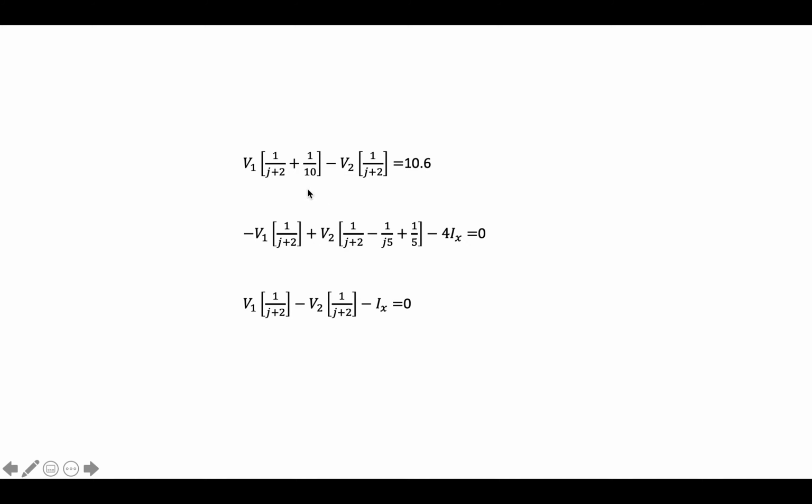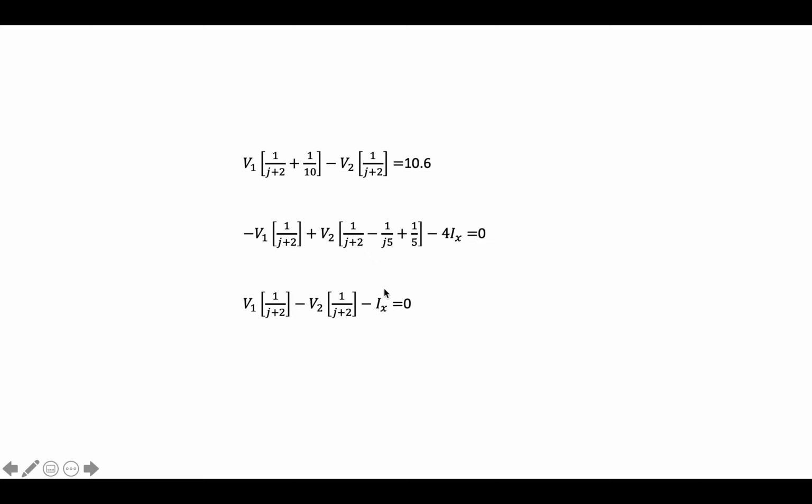What we're going to construct first, according to Cramer's rule, is the coefficient matrix. The first row of the matrix will be the coefficient for V1, the coefficient for V2, the coefficient for Ix, which in this case is 0. The second row will be, once again, the coefficient for V1, V2, and Ix. Third row, same thing.